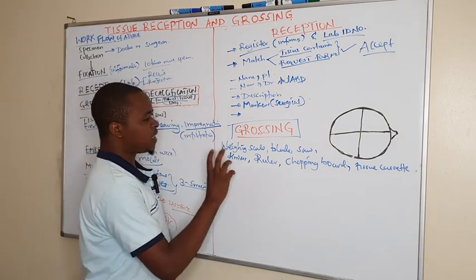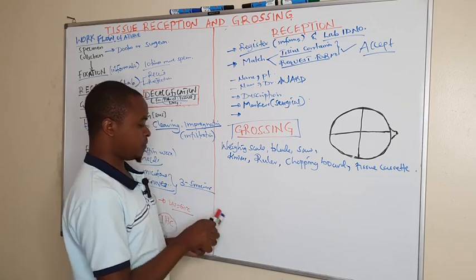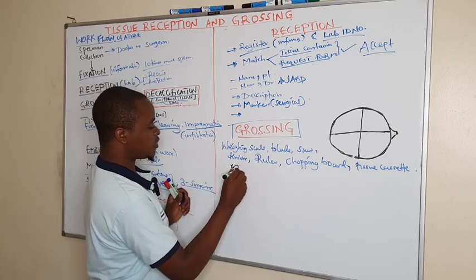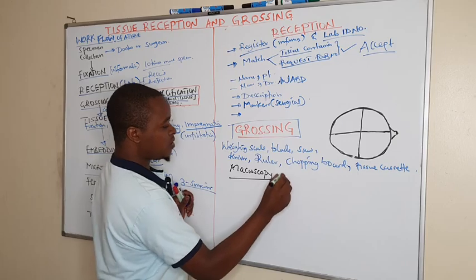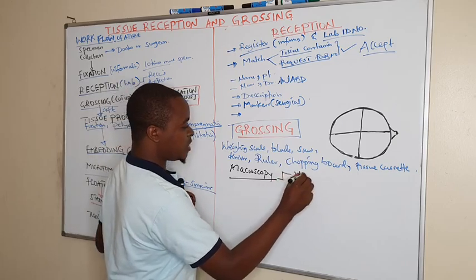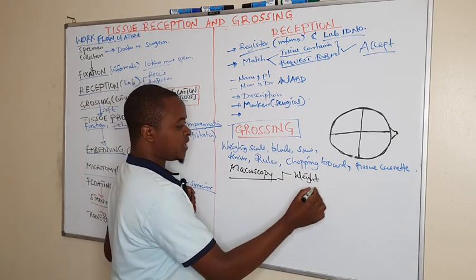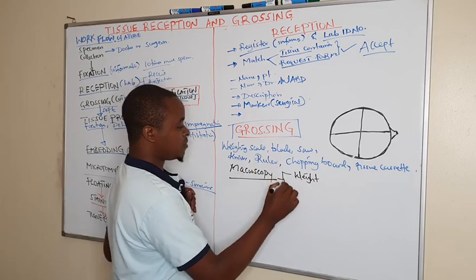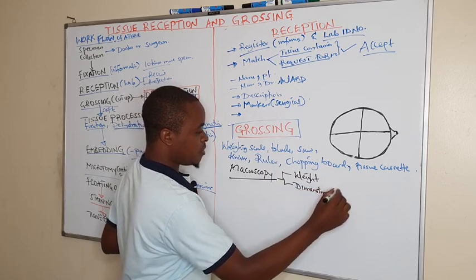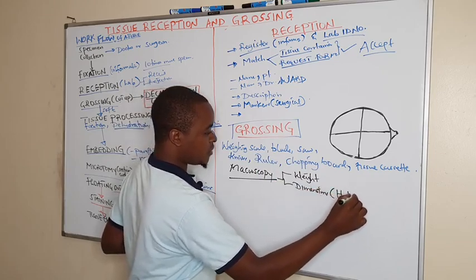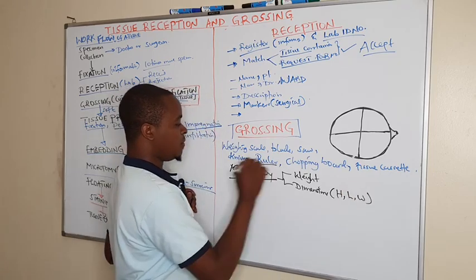So in the grossing, as we are cutting, the first thing we do is macroscopy. Under macroscopy, we determine the weight of the tissue. And after getting the weight using a weighing scale, we also define the dimensions, whereby we measure the height, the length, and the width of the specimen using a ruler.